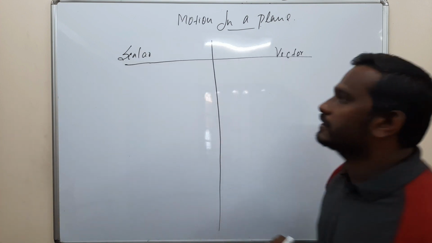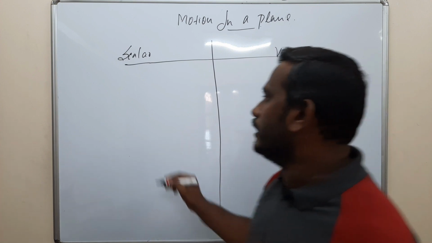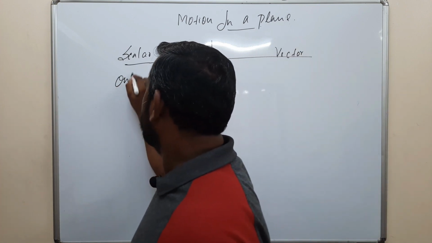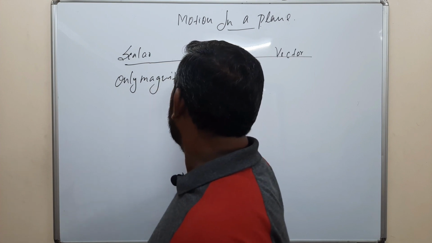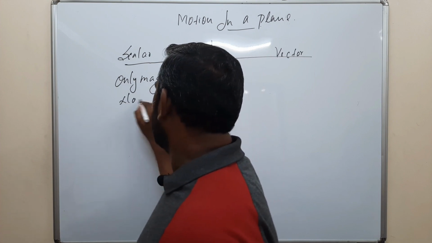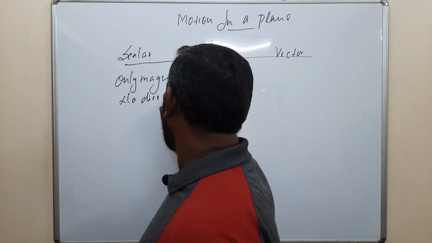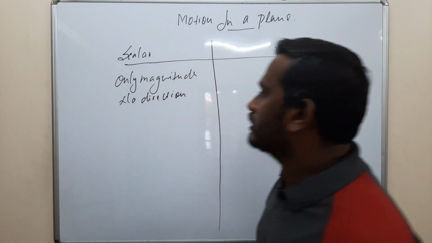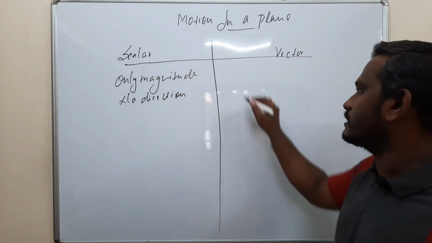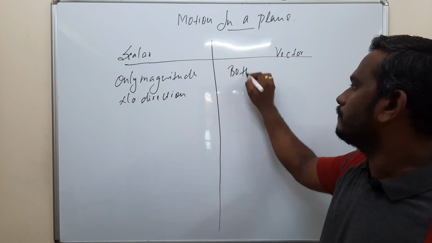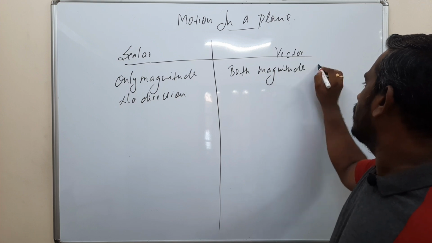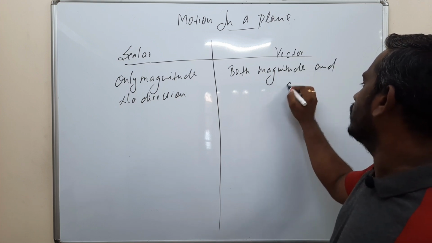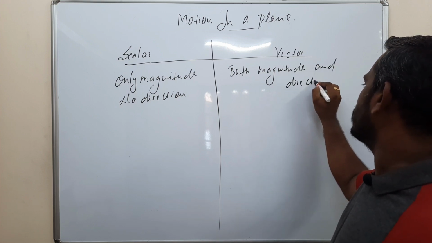Scalar has only magnitude, no direction. Vectors have both magnitude and direction.